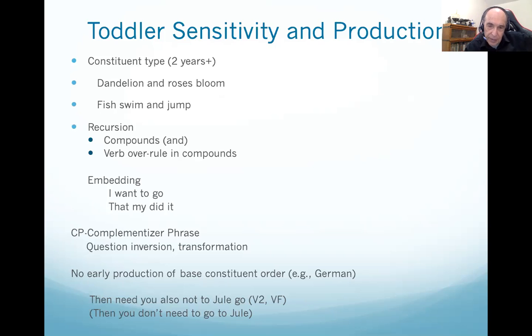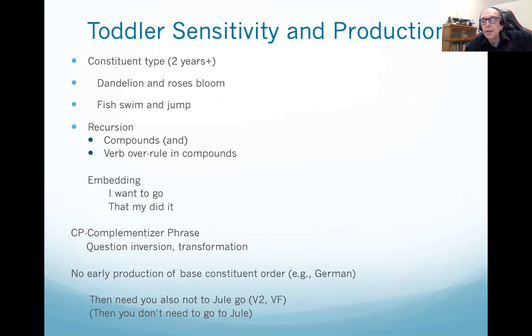Subject, cat, verb, walked, complement, down the stairs, SVC. It's SVC, SVC, right? You would expect that to be produced naturally, universally, regardless of the way the language handles it. But that is not borne out by the literature.